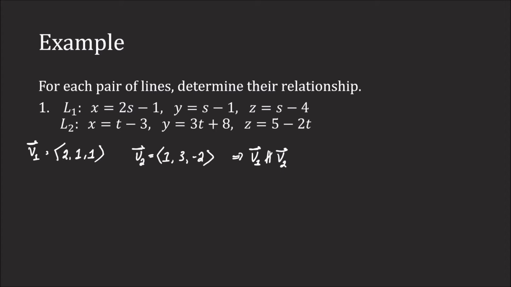Now we need to determine if they have a common point. So set the x's equal to each other, the y's equal to each other, and the z's equal to each other. So we have 2s minus 1 is equal to t minus 3. s minus 1 is equal to 3t plus 8. And s minus 4 is equal to 5 minus 2t.